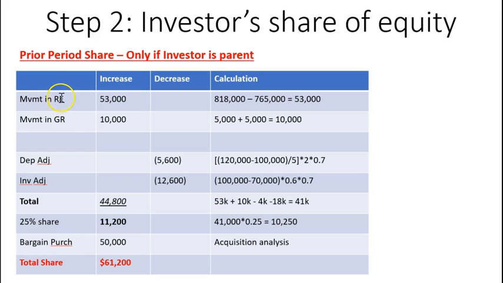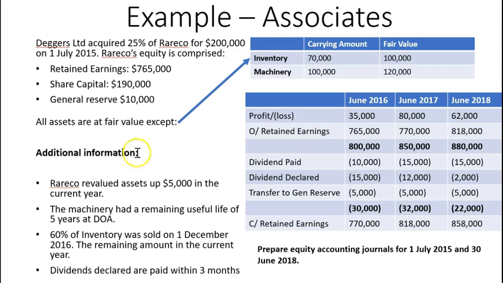So our first adjustment is the movement in retained earnings. If we go back to our financial statements, we know we're preparing our accounting journals for 30 June 2018, so our prior period ends 30 June 2017. Between the date of acquisition and the end of the prior period, we have a movement of retained earnings of $53,000.